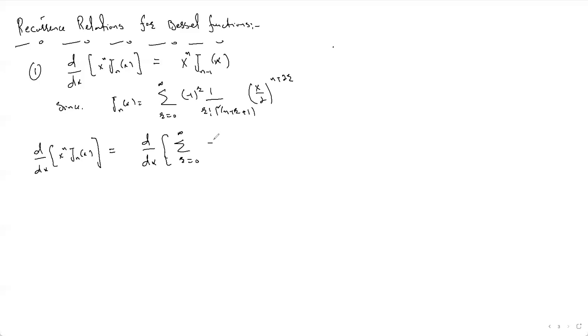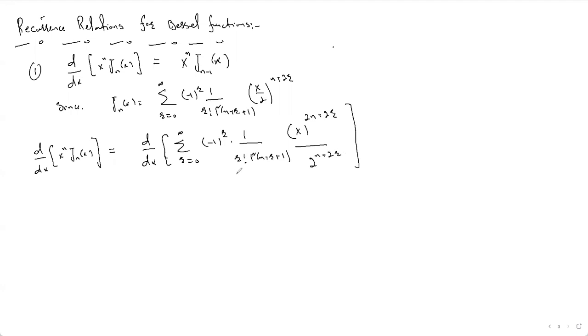I will write the first few terms as such: minus 1 raised to power r into 1 divided by r factorial gamma of n plus r plus 1. Then I will write this separately as x raised to power, when I multiply it by n, 2n plus 2r, divided by 2 raised to power n plus 2r.